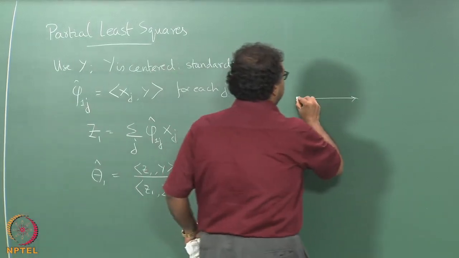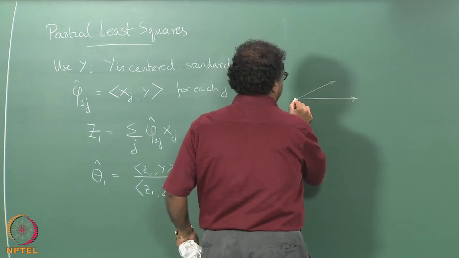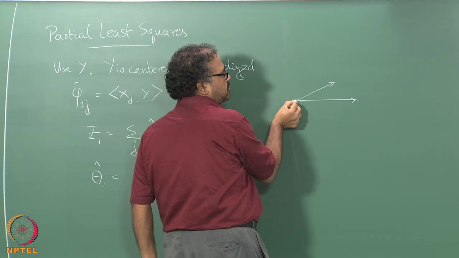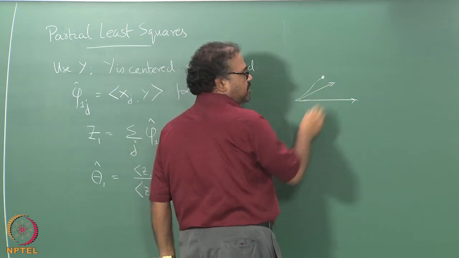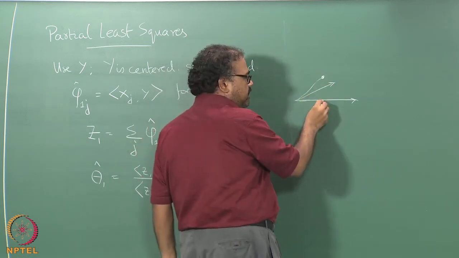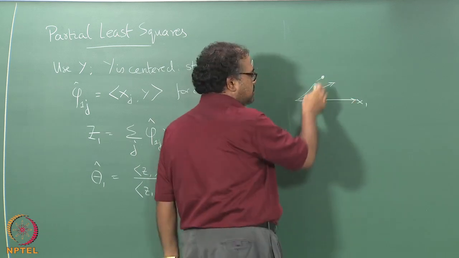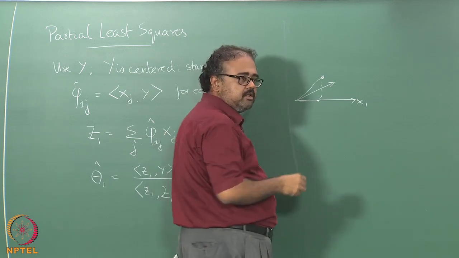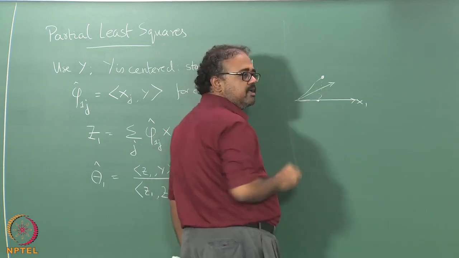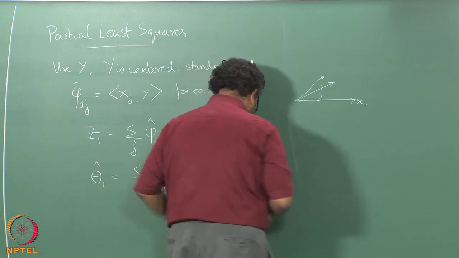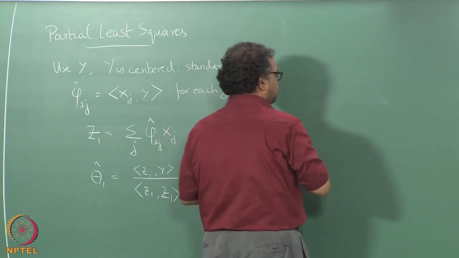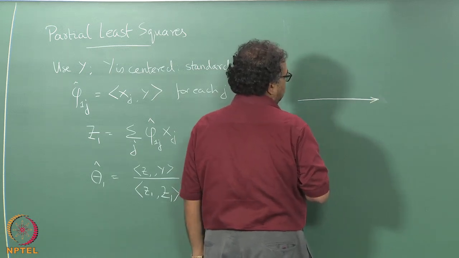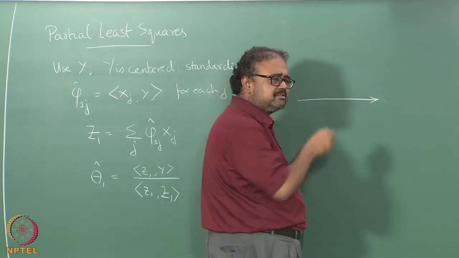fortunately I have to do this in 3D. Suppose I have two input directions. So what I am going to do is take my y, project it on x1 alone first, and on x2 alone, right. It is a little tricky to do this in 3D.